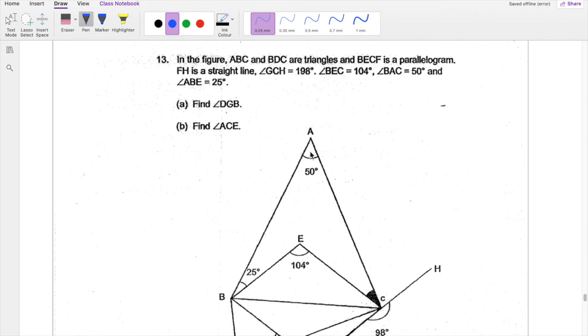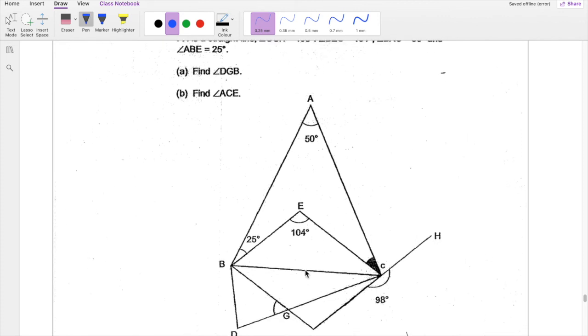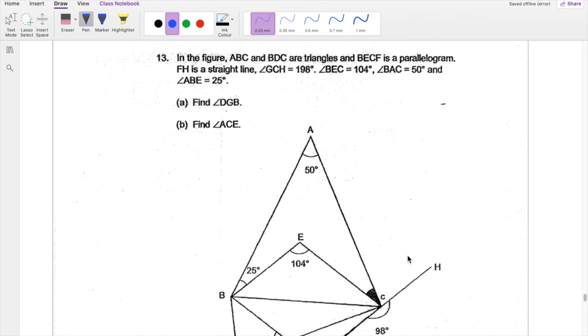Okay, let's see question 13. So in the figure below, ABC and BDC are triangles, and BECF is a parallelogram, right? FH is a straight line. Where is FH? This is a straight line.